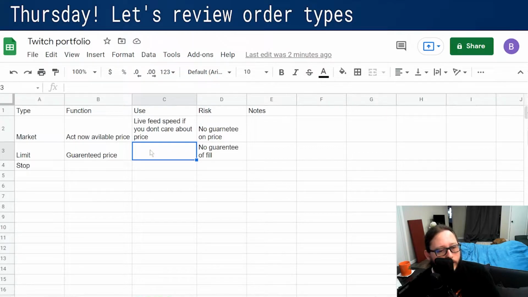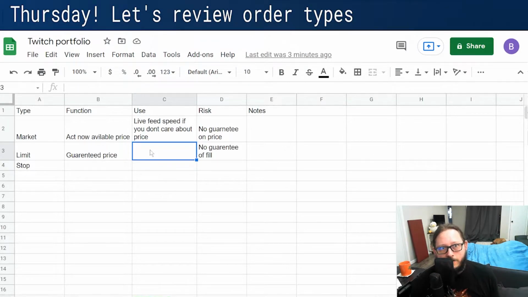Oftentimes your broker will go ahead and give you the fill based on their books if they have good enough service and you've got a good enough account with them. So even if there wasn't enough in the market at the time, you might still get a fill. And if there was enough in the market, then they have to count it as a trade error, and then they have to credit your account the difference. So it is worth discussing if you get failed orders there.